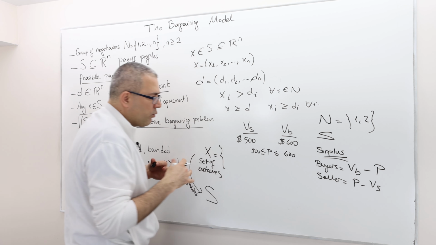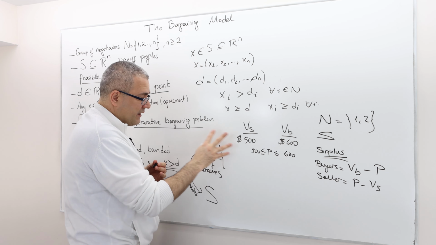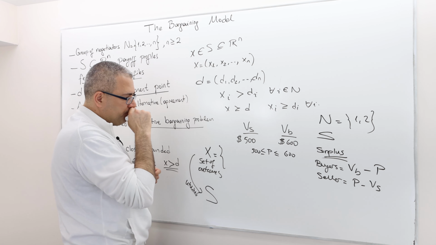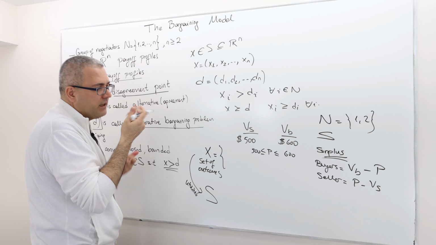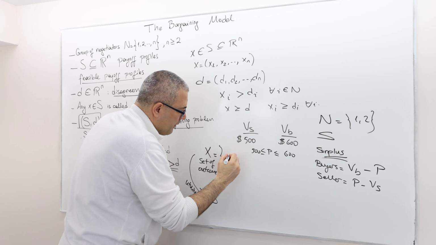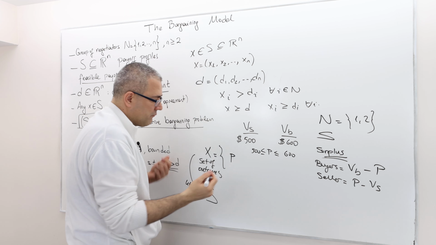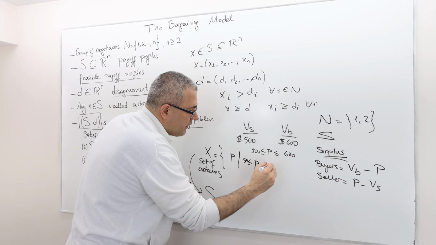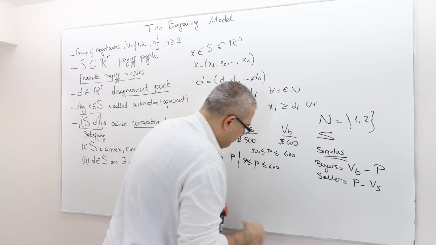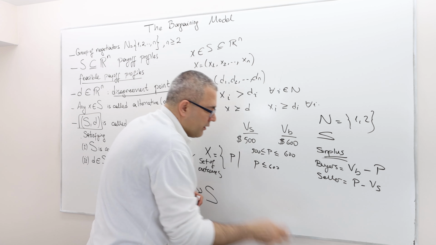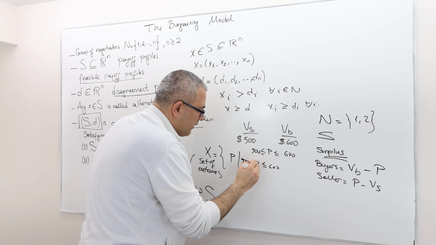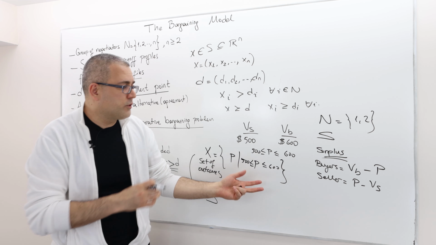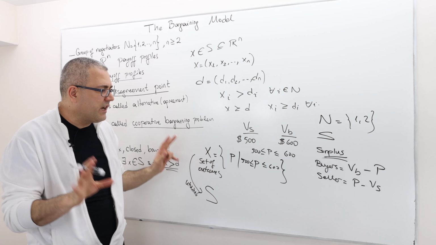So we can define the set of outcomes as follows: P such that P is in [500, 600], okay? Again, you may want to define the set of outcomes in a different way, in terms of your utilities, but we're not there yet.